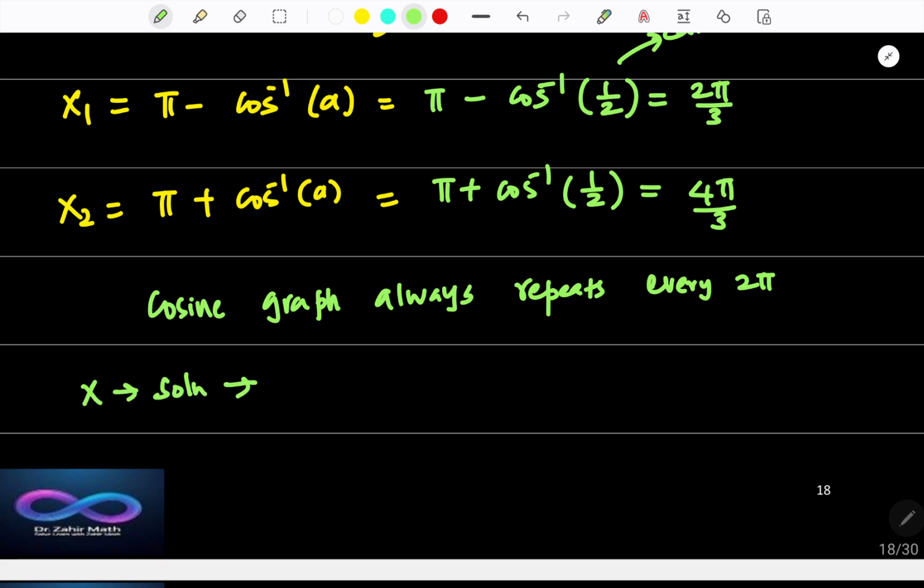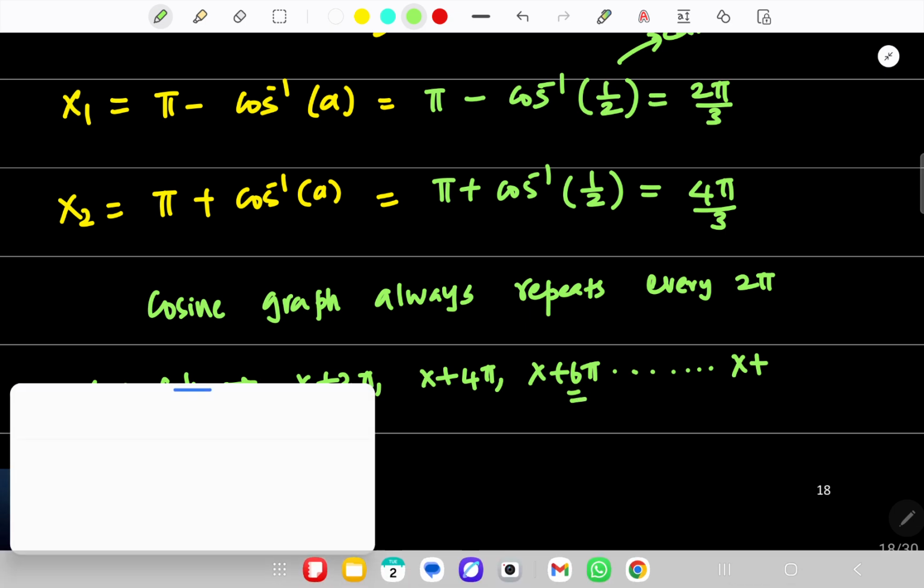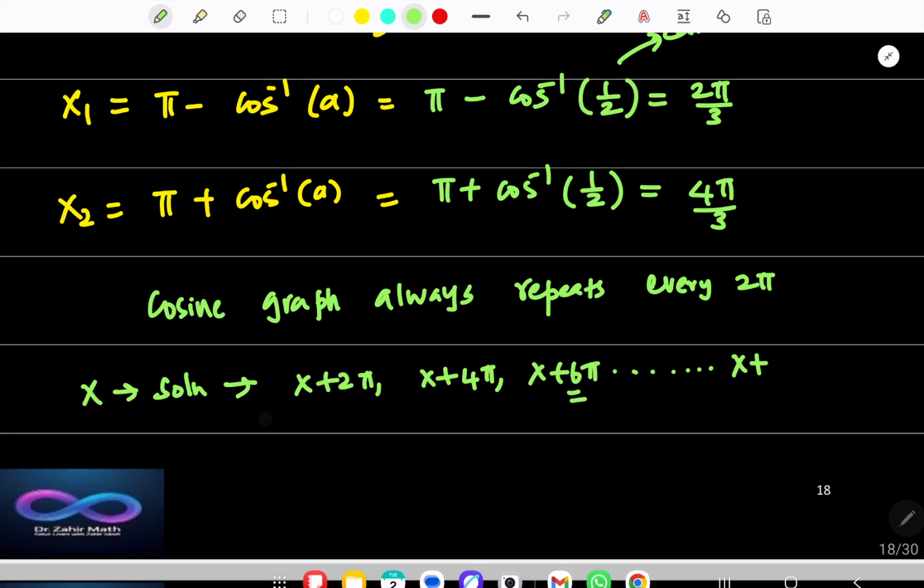And what will be the following solutions? It will be x plus 2 pi, x plus 4 pi, x plus 6 pi. It keeps on going, right? And finally you will get x plus 2n pi. Clear? 2n pi, sorry, because 2. So x plus 2n pi.